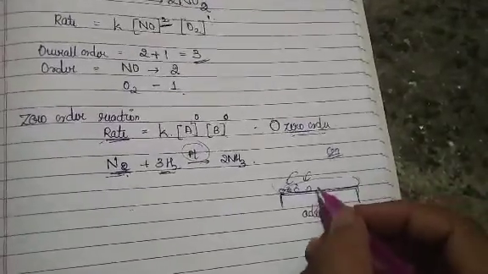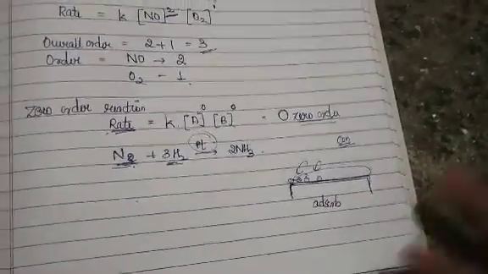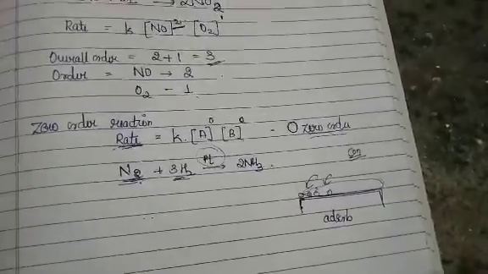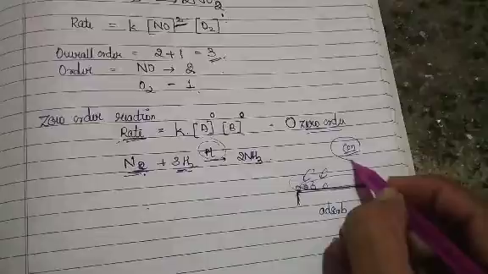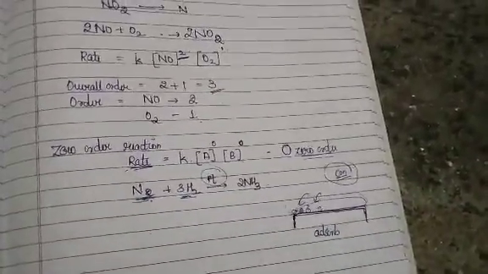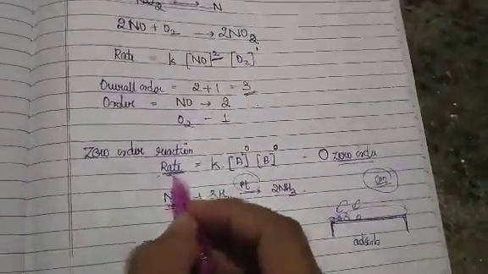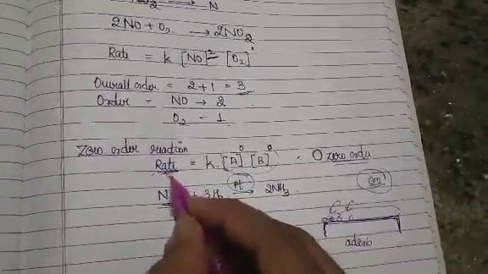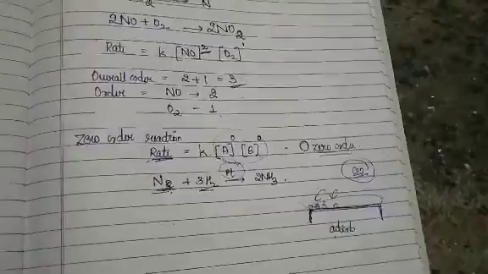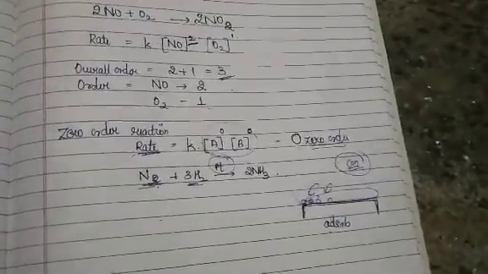So whatever rate you obtain, that is how fast the reaction is progressing, will be dependent only on the catalyst surface and not on the concentration. So that gives you what? The rate will be independent of the concentration of the reactants, whereas the rate will be dependent on the surface area of the catalyst.